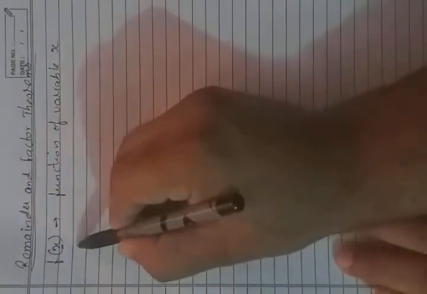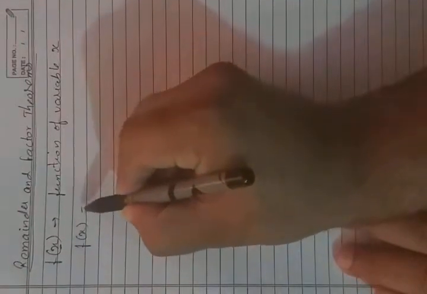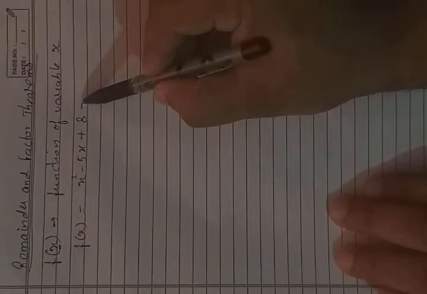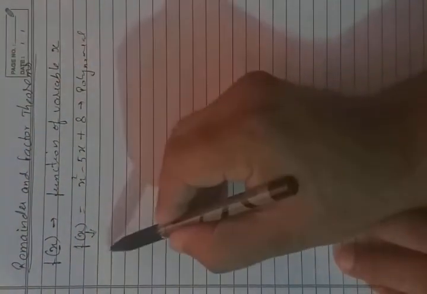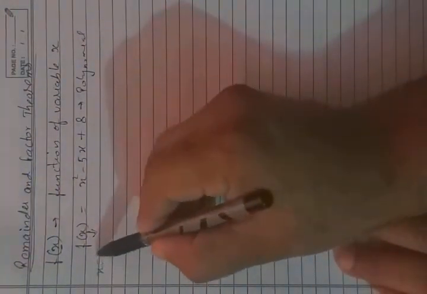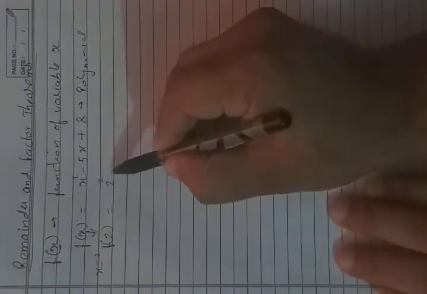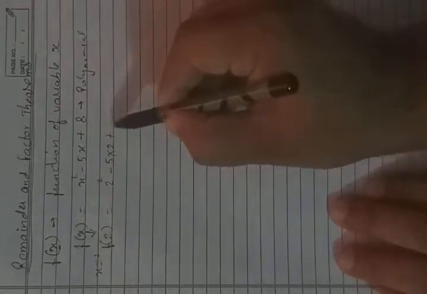For example, f of x is equal to x square minus 5x plus 8. This is a polynomial and its values depend upon the values of x. If x is equal to 2, then f of 2 will be equal to 2 square minus 5 multiply 2 plus 8.